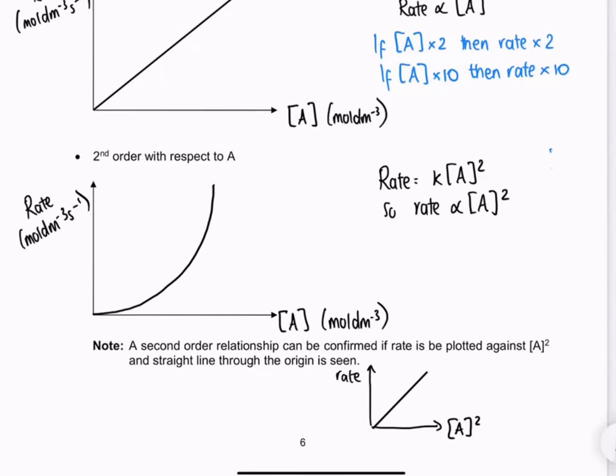So these are rate concentration graphs, and we need to be careful that we don't muddle these up. These are perfect for use in multiple choice questions because you can mix and match the different types of graphs and see who really is paying attention.